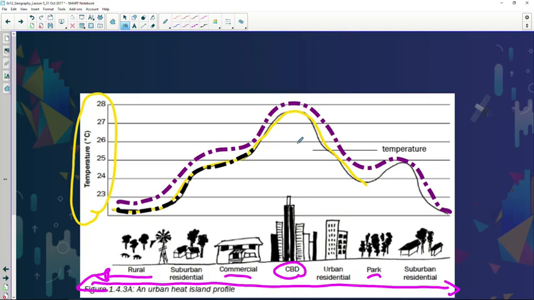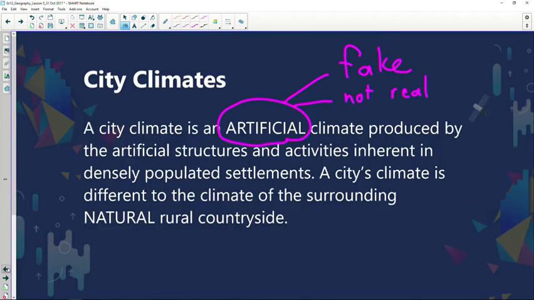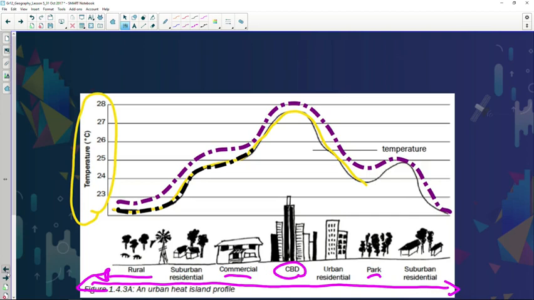Now, if we go back to the definition, city climates are artificial climates, because of the structures and the activities taking place over there. As you can see, there are many more human-made structures in the CBD and in the commercial and urban areas. Very importantly, the activity and the amount of people over there also add to this urban climate.